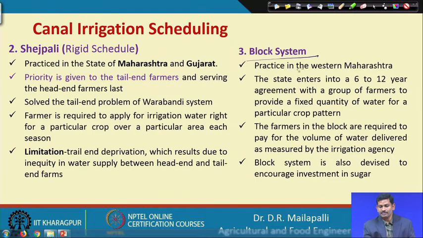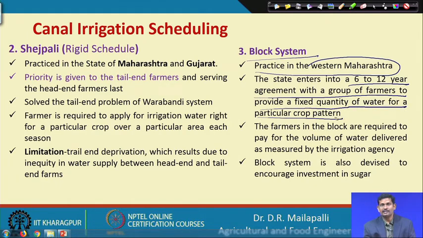In the block system, this is mostly practiced in western Maharashtra. The state enters into a 6 to 12 year agreement with a group of farmers to provide a fixed quantity of water for a particular crop pattern. So, around a 6 to 12 years agreement will be between the state agency and the farmers.